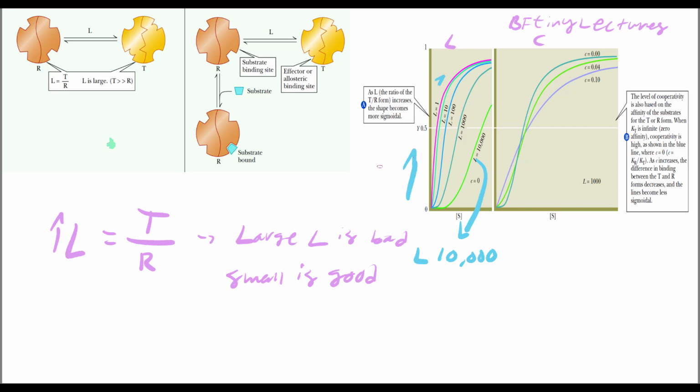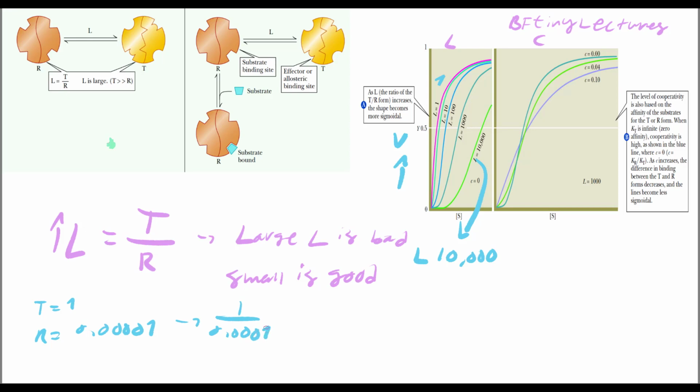So right here we have velocity. We'll just put it going upwards. Whenever I have a very small L, the velocity is going to increase a lot, okay? Because that's favorable. You want to have a small L. What does that mean? Let's use numbers. Let's say that T is equal to 1 and R is equal to 0.00001. If you put that in a calculator, that's going to be a very large number.